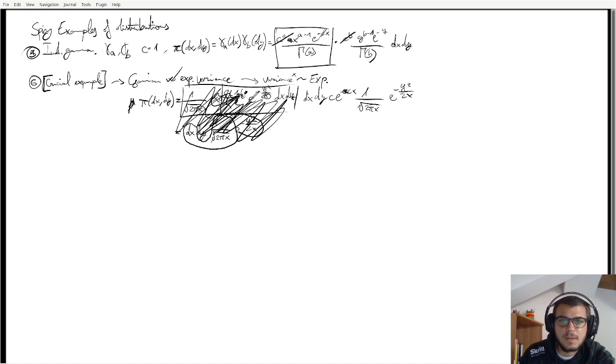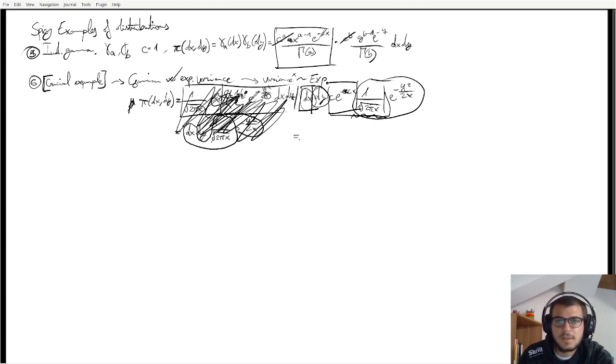Now we have this thing here, and this thing here, which can be written in this way: mu dx, which is simply the marginal distribution of x. So this thing here we can just group and consider as the distribution of x, and the other object depends on x also.